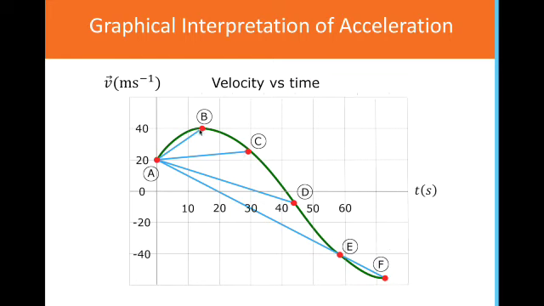Here, the speed is very close to where you started. So here the average acceleration is quite small. It's close to zero. It's close to uniform acceleration, which would just be a straight line.